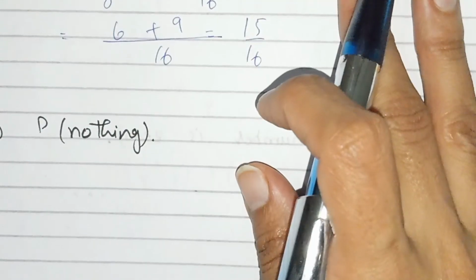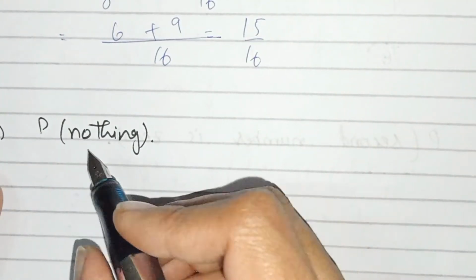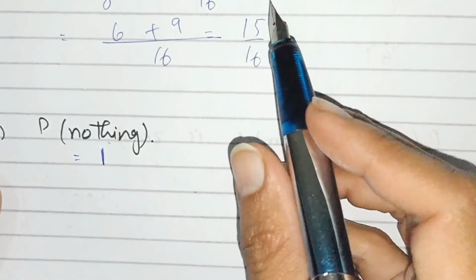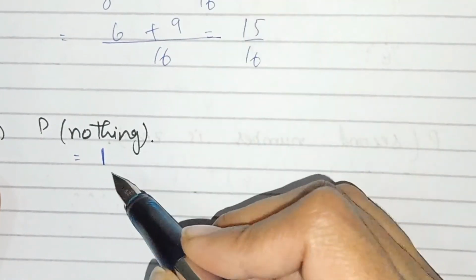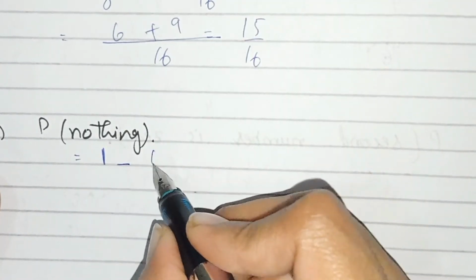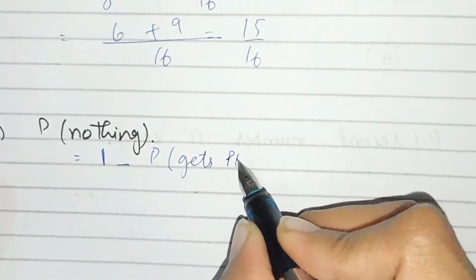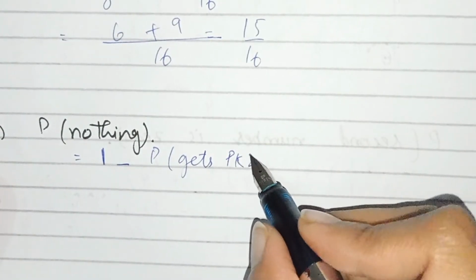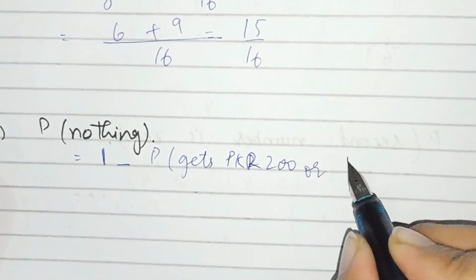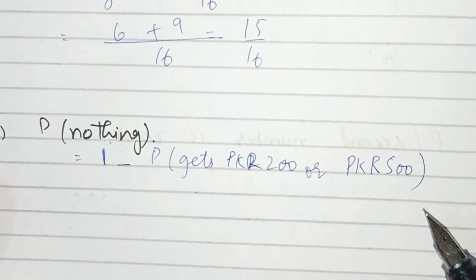Now students, part number 4, probability of getting nothing. You know that the total probability is 1. We have to subtract the probability of getting 200 or 500, then we get the probability of getting nothing.